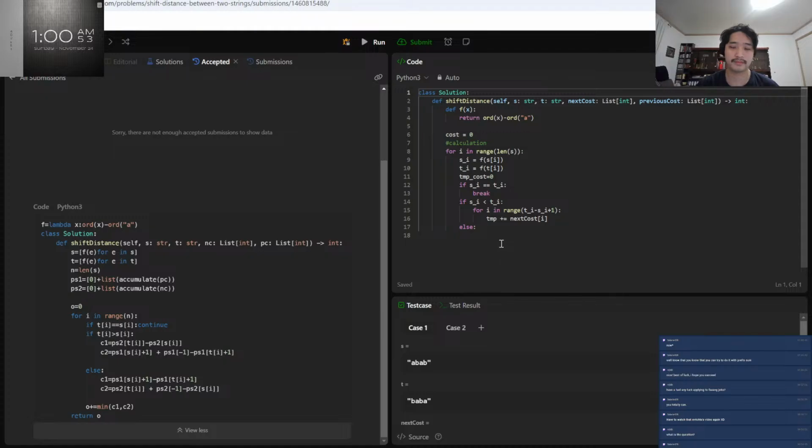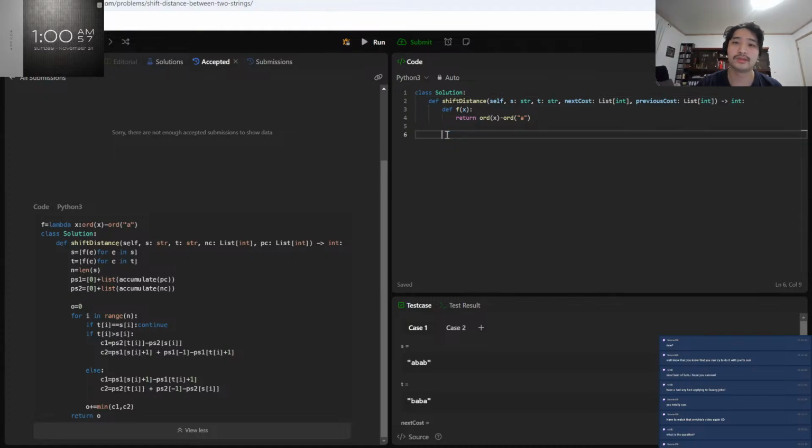Now asterisk. So, firstly, I would like to create the prefix sum, which is just you add a 0 at the start and then use accumulate.